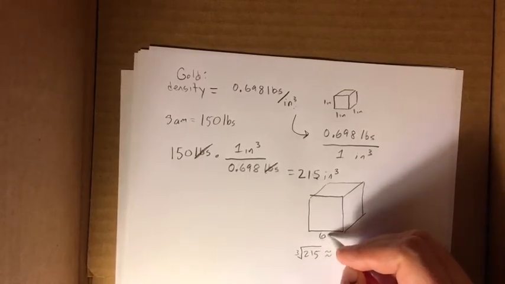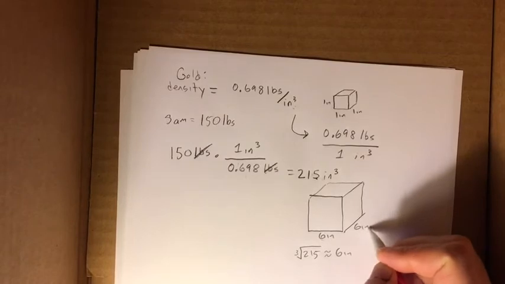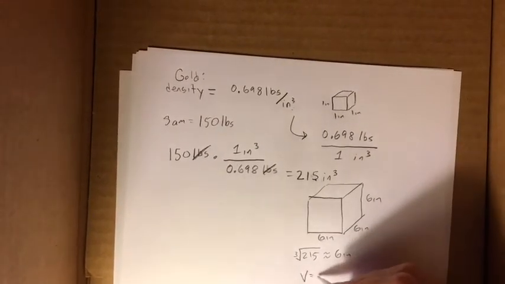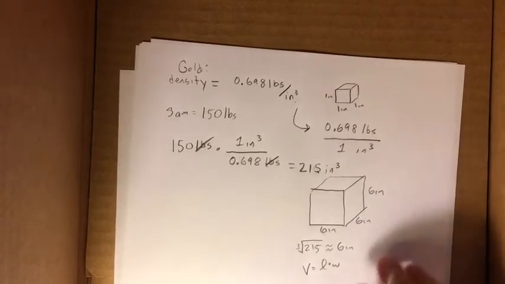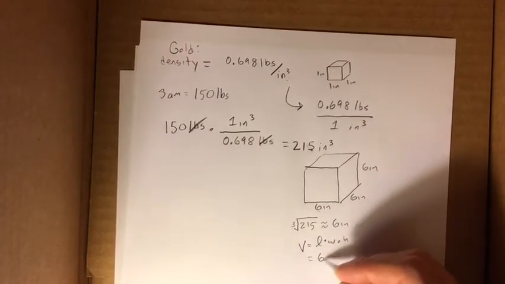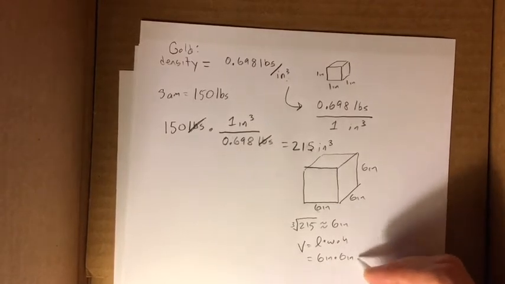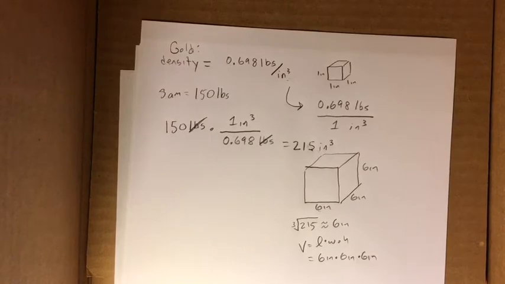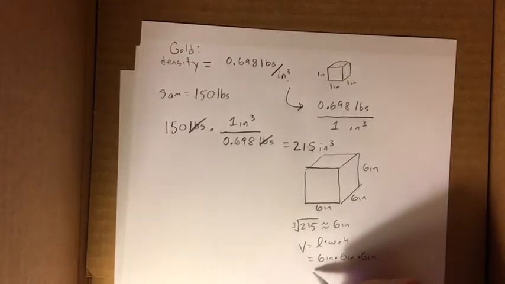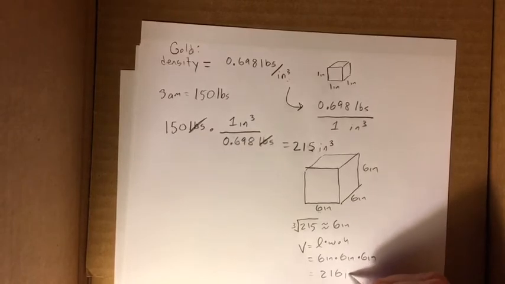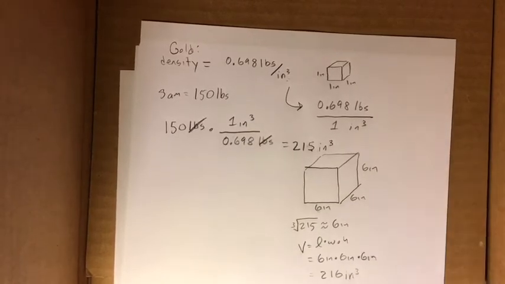So it would be 6 inches, 6 inches, 6 inches. Now, if you don't believe me, let's do volume equals length times width times height. That is equal to 6 inches times 6 inches times 6 inches, which is equal to 216 cubic inches. And notice inches times inches times inches would be inches cubed.